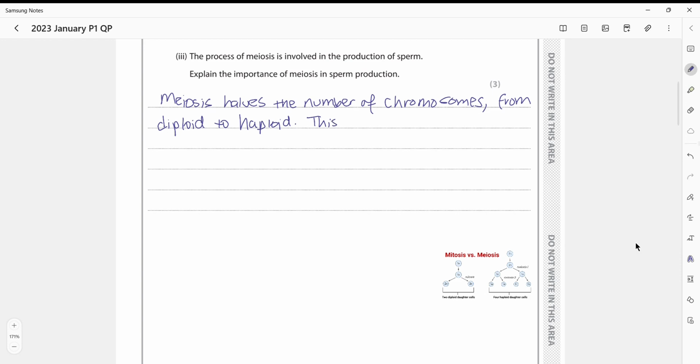This ensures that the diploid number is restored.